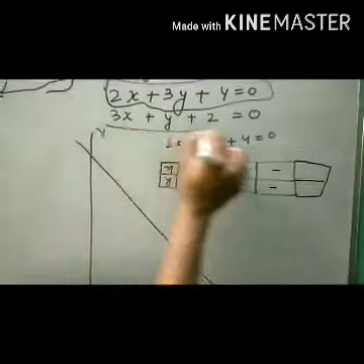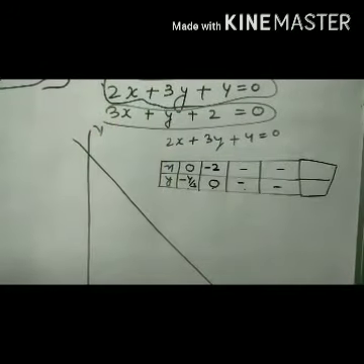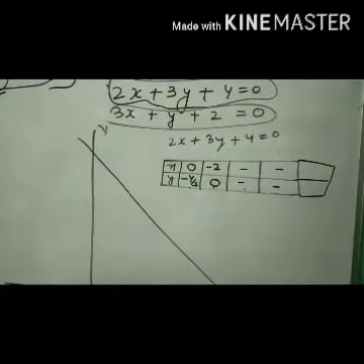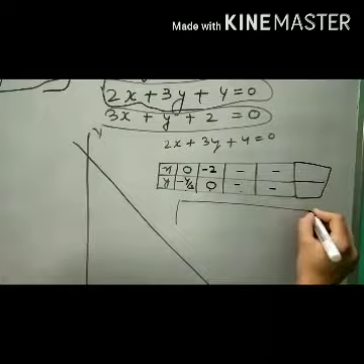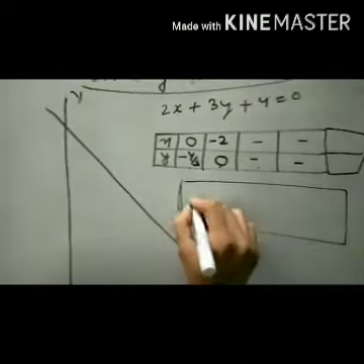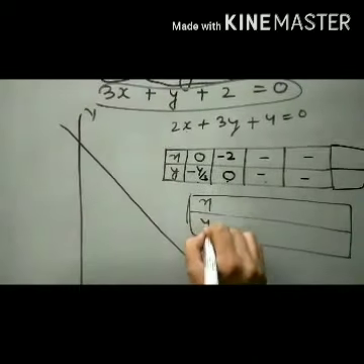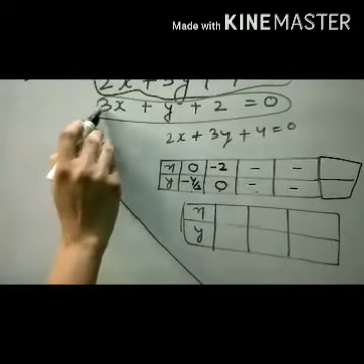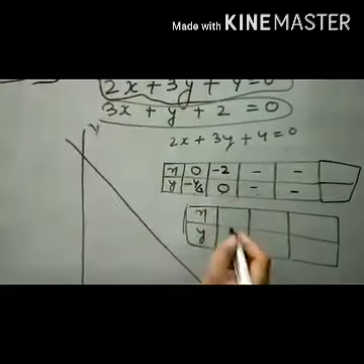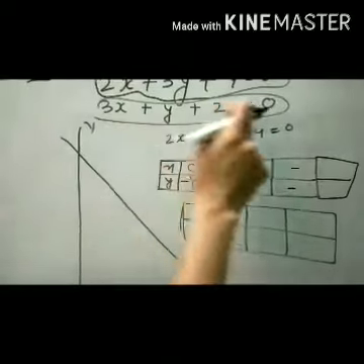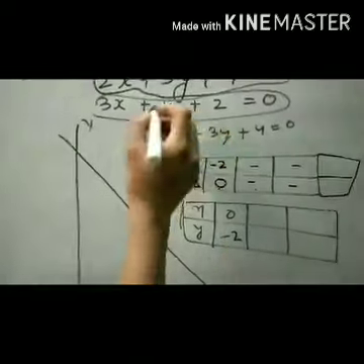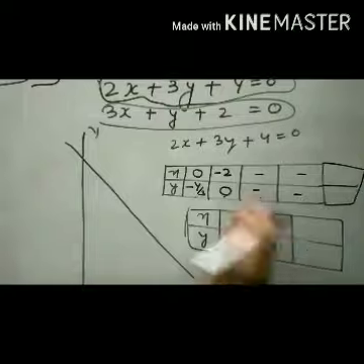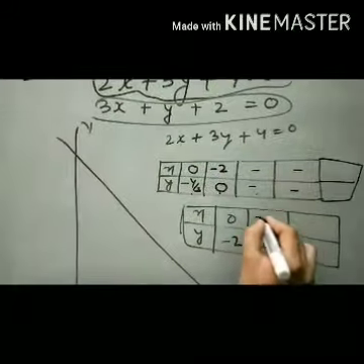Similarly, this is the second equation we have here, 3x plus y plus 2. Again we will make a table, x and y, and now we will put x is equal to 0. Then the value of y is equal to minus 2. Or if we put y is equal to 0, then the value of x is minus 2 upon 3.